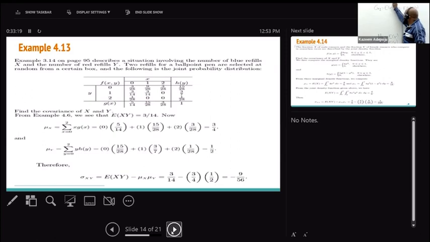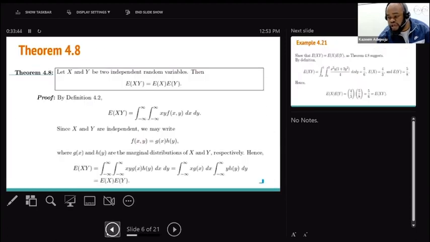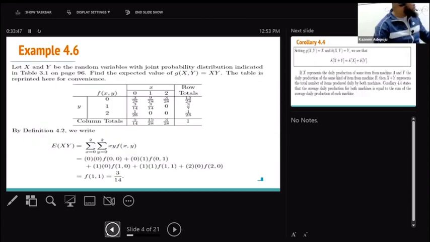Then it means you need to first figure out the expected value of the product that I showed you the other time. You already know how to get the expected value of x. You already know how to get the expected value of y. Take a look at what I presented to you. We got the mu of x. You get the mu of y. You get the expectation of the product. I showed you the other time how to get the expectation of the product. That is what I was explaining. I'm going to show you now the expectation of the product for the discrete case. That's what I was doing here.